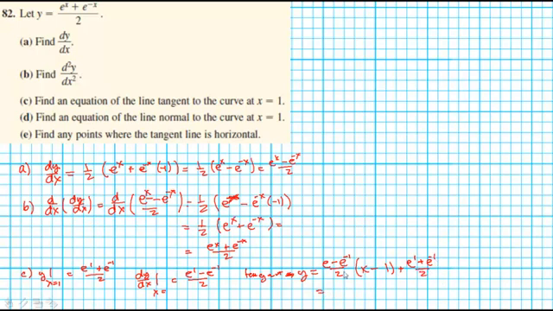If we try to clean that up a little bit, we end up with (e - e^(-1))/2 x minus (e - e^(-1))/2 plus (e + e^(-1))/2.